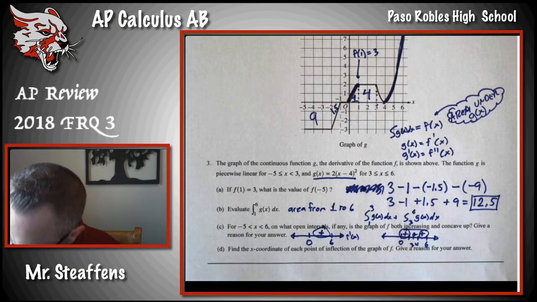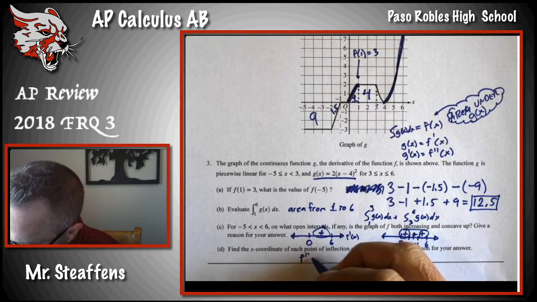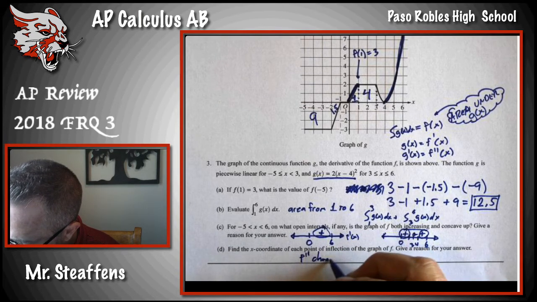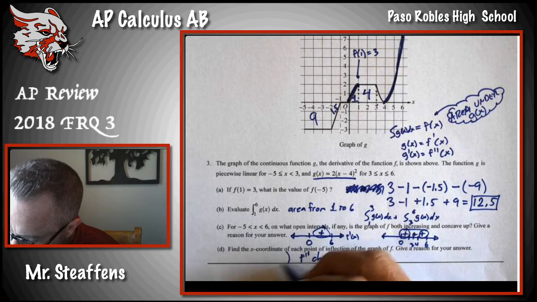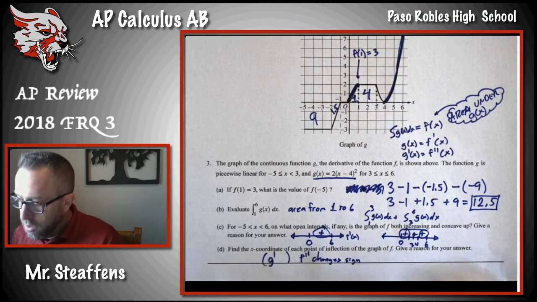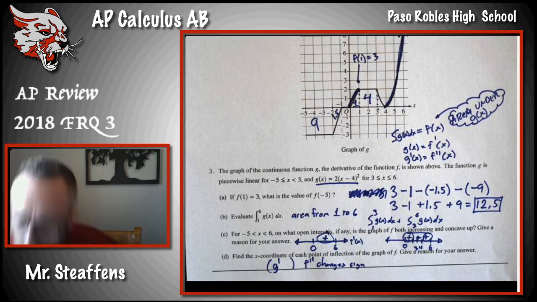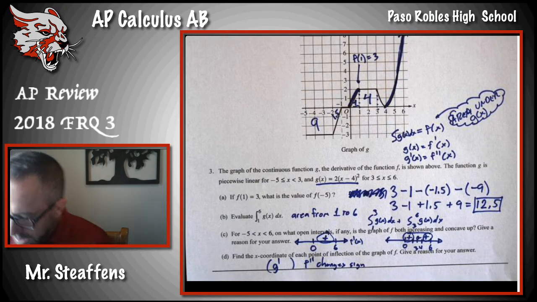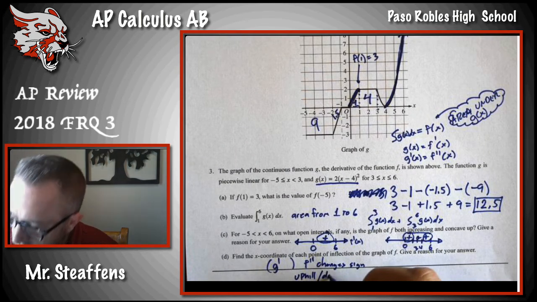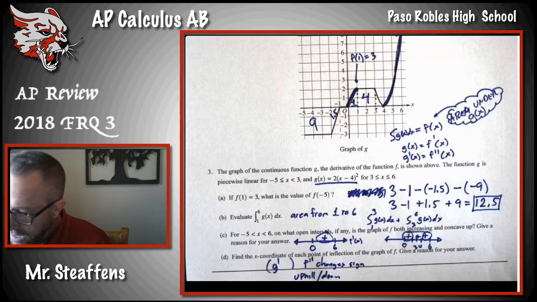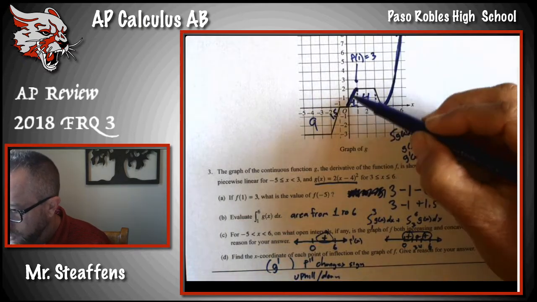So remember, point of inflection, f double prime changes sign. And f double prime is, once again, g prime, right? So when does g prime change its sign? When does it go from uphill to downhill? So look at my graph. Graph's flat, uphill, flat, uphill, flat, up, flat.